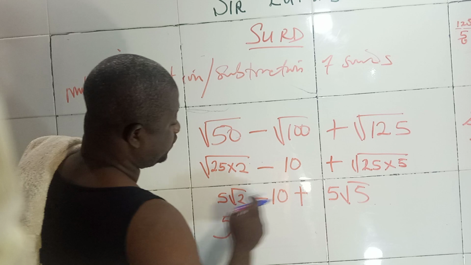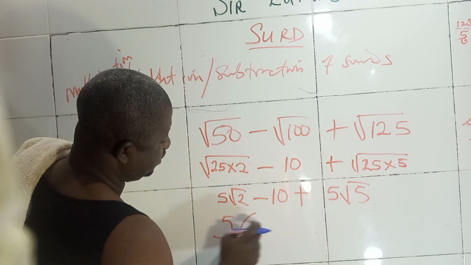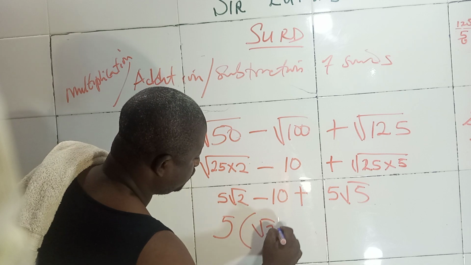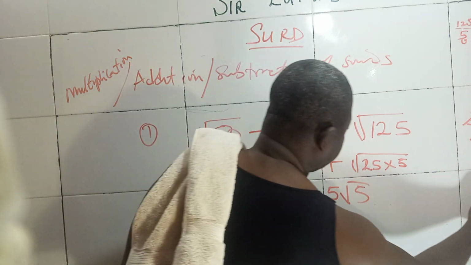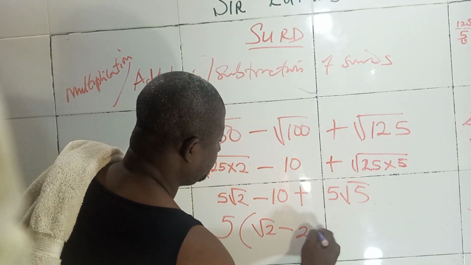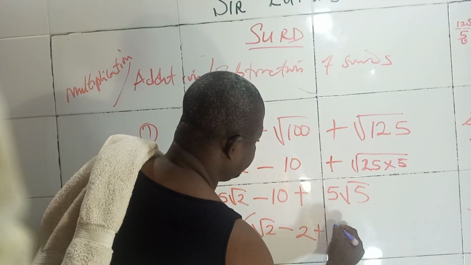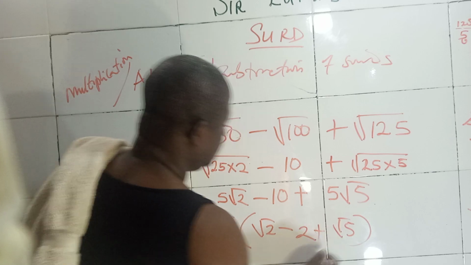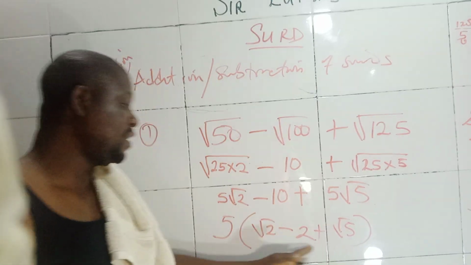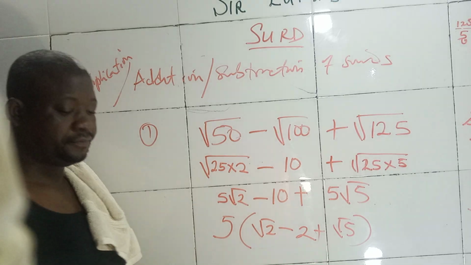Because you may not find this in your answer, you now have root 2 minus 2 plus root 5. So this is the way you have simplified it. You can't simplify more than this. So this is the final answer.